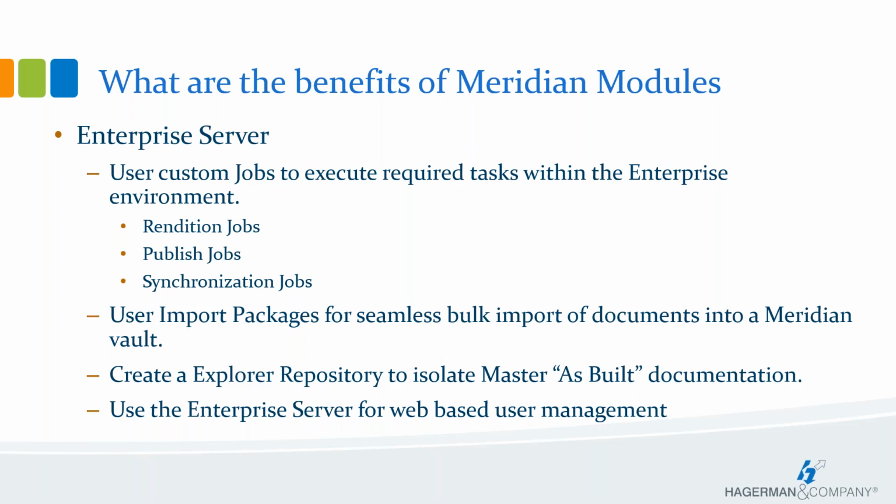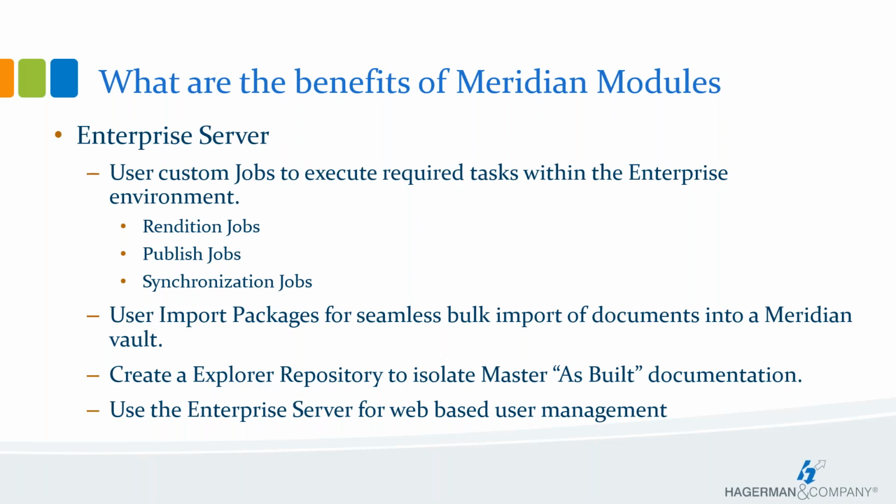And then synchronization jobs are the third component listed there. Synchronization jobs allow you to take information from a Meridian Vault environment and push it into the Explorer environment every so often, however often you have it scheduled to run. So once again, the difference between that: your Meridian Vault is your native documents, where your Meridian master documents are stored and managed.